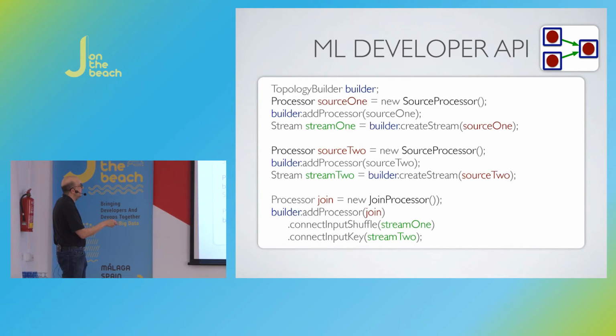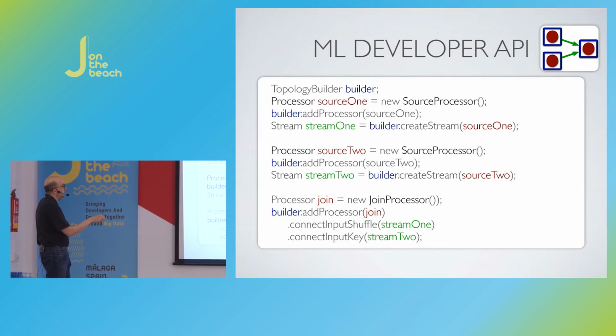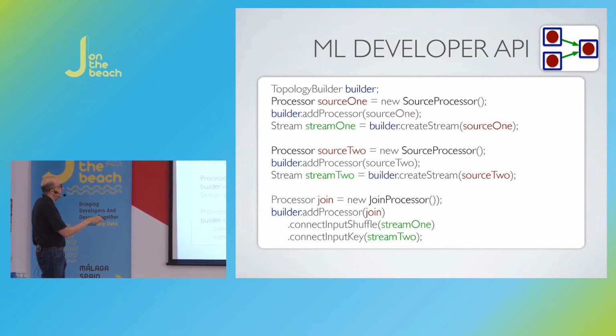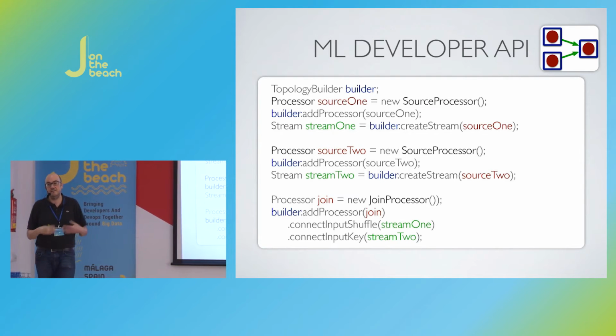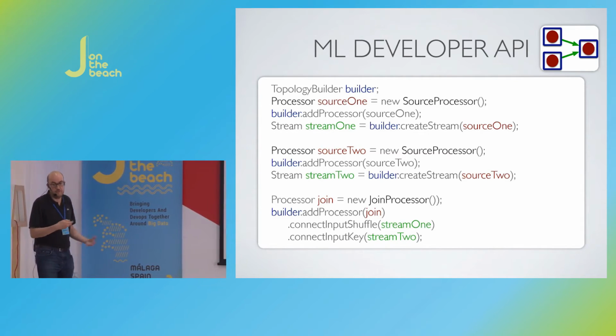We create the first processor, source 1, we create the second one, then we create the join, and then we add the processors to the topology, and then we create the streams. Finally we put them all together. So it's very easy to create these topologies, and once the topology is created, it is executed in real time.